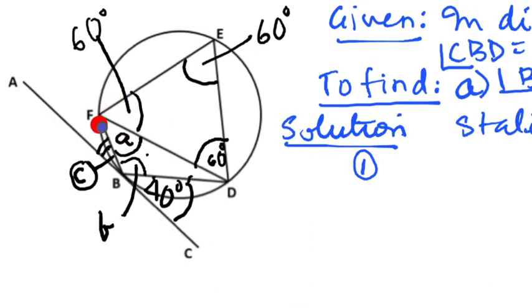Now I want you to look at this A. From F, if you come down this way and this way, you get this chord BD. Now this chord BD is the chord at the point of contact for this tangent AC. Now this angle is the angle between this chord BD and this tangent BC, and this angle will be equal to the angle in the alternate segment.